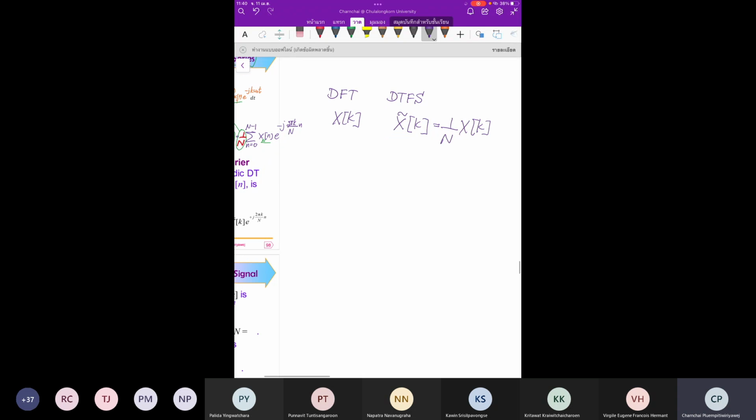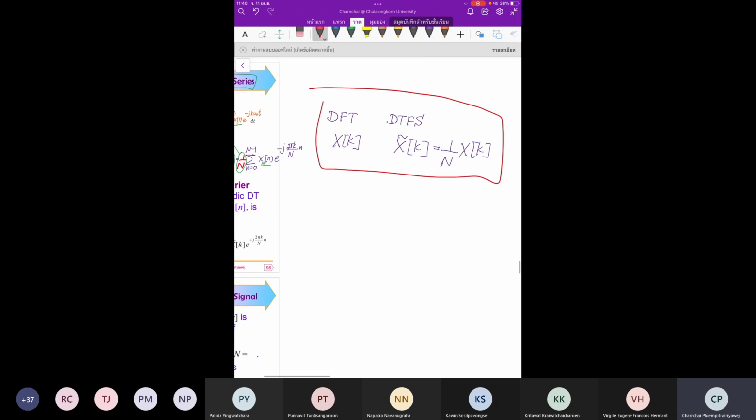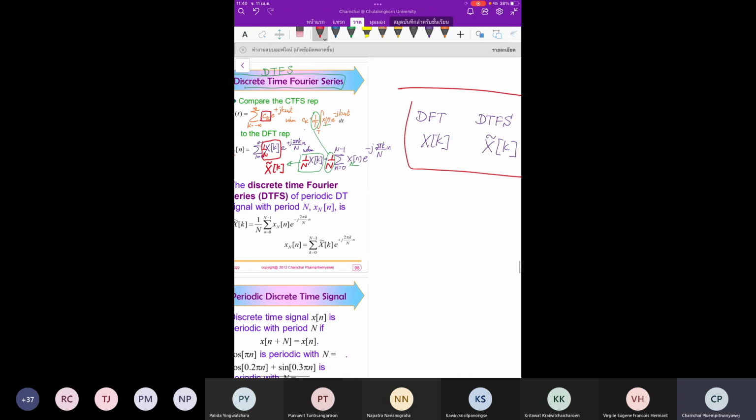See that? This is the relationship between DFT and DTFS, discrete Fourier transform and discrete time Fourier series. The difference is by a factor of 1 over N.